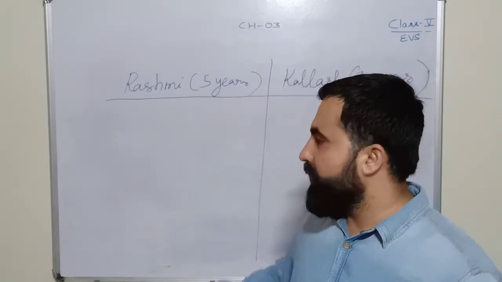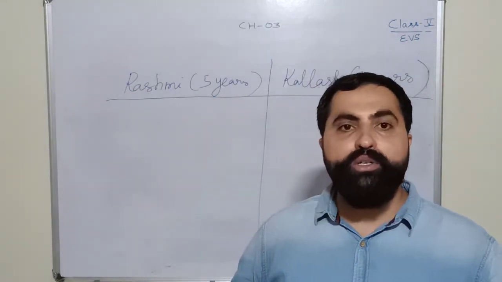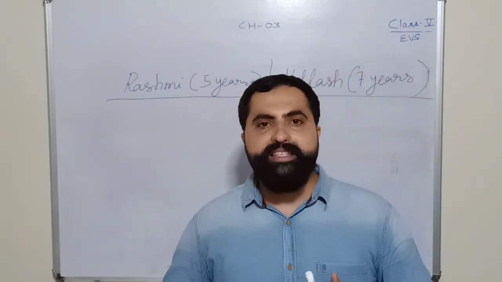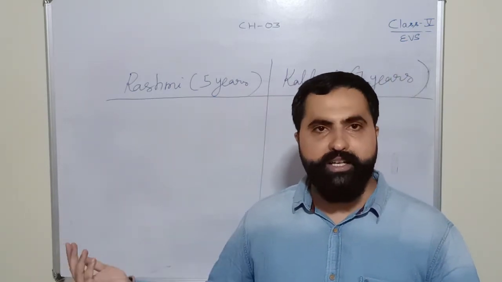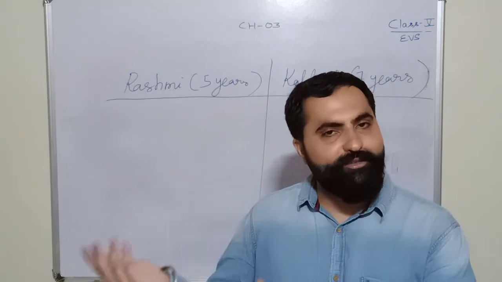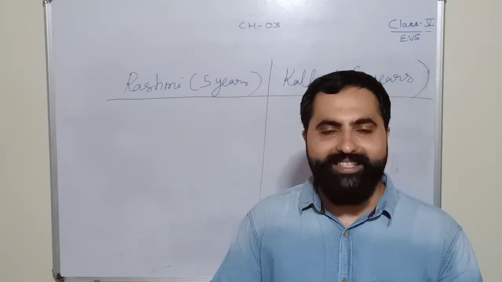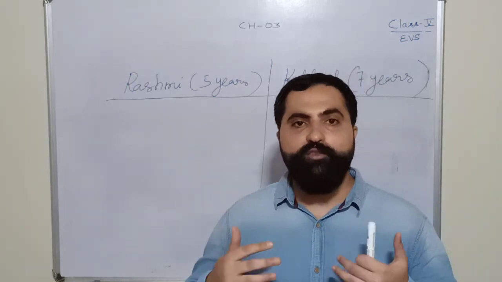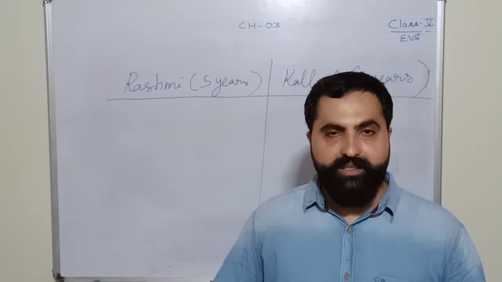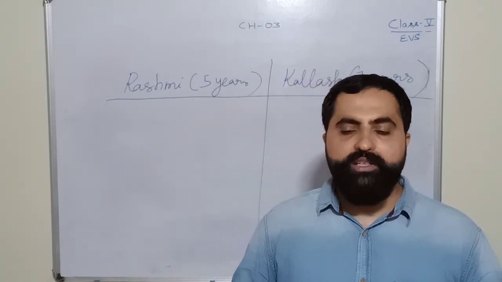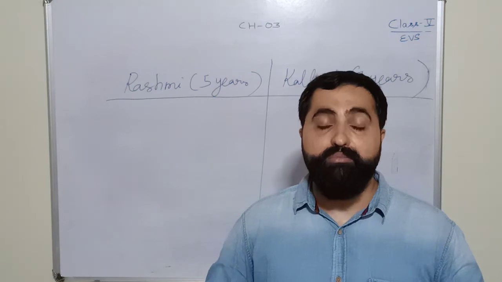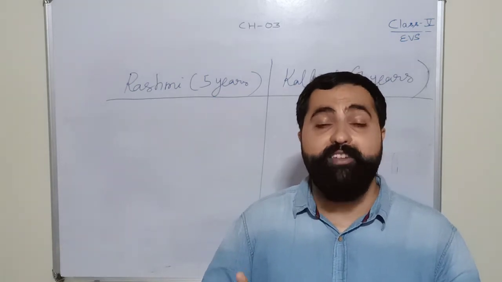So class, next we will talk about Gomti. Gomti is a worker on a big farm in Kalahandi. Kalahandi is in which state? Odisha. She works on a big farm, and she cannot even have much rice to eat every day.